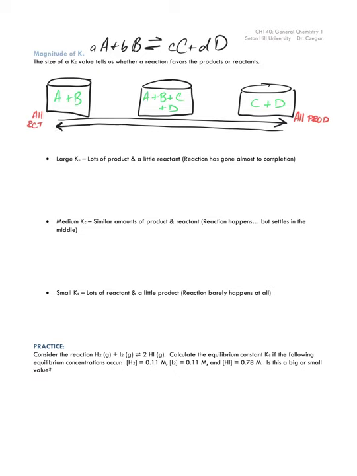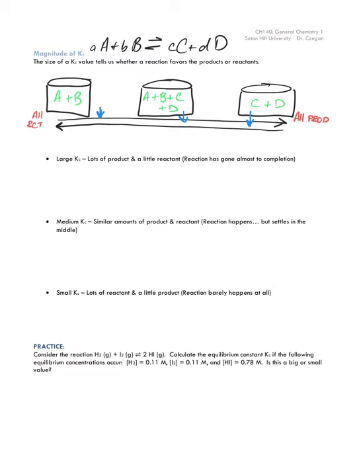What Kc is going to tell us essentially is where does a particular reaction find its equilibrium in this range, right? Is it here? Is it mostly reactants? Is it here? Is it mostly product? Or is it somewhere close to the middle and it's a mixture of all things? That's what the value of Kc is telling us about a reaction.